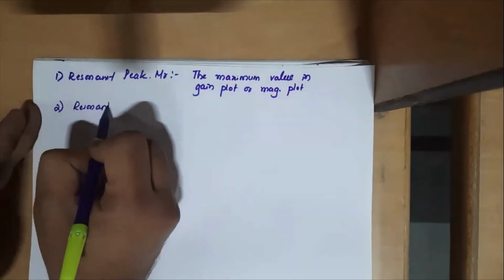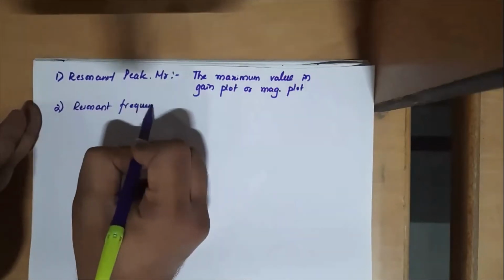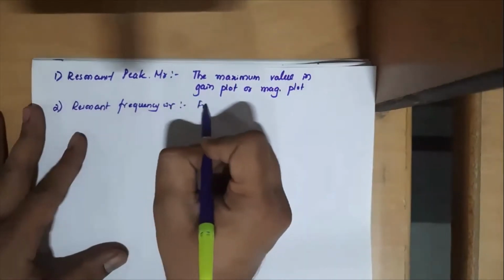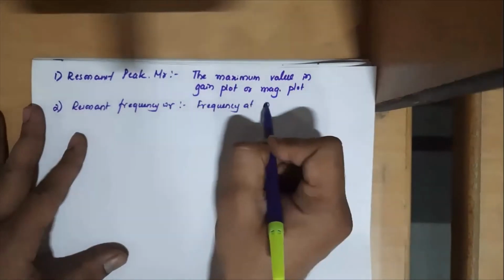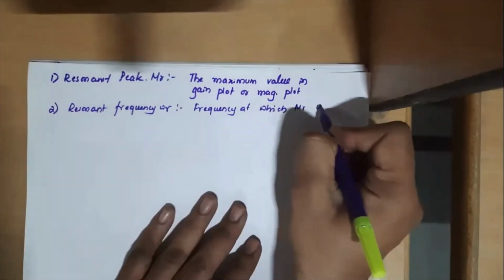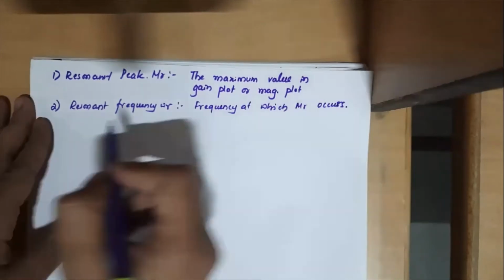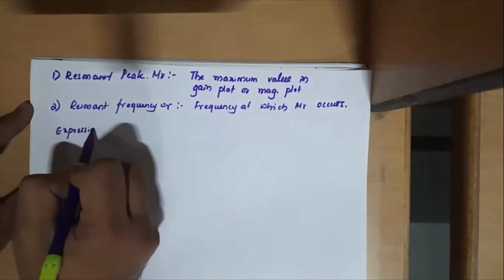And the second one is the definition for resonant frequency. It is the frequency at which Mr occurs, or resonant peak occurs.